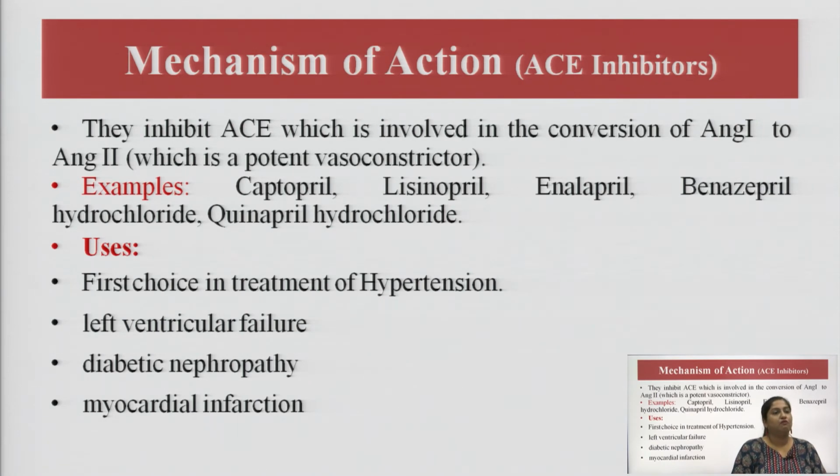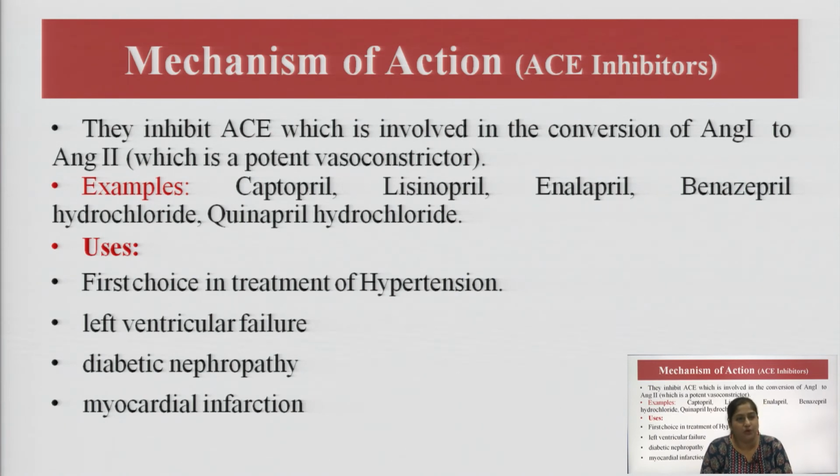So, if we stop the ACE by using ACE inhibitors, there will be no conversion of angiotensin 1 into angiotensin 2, which will help us in the vasodilation. The drugs captopril, lisinopril, enalapril, benazepril hydrochloride, quinapril hydrochloride help in the vasodilation.